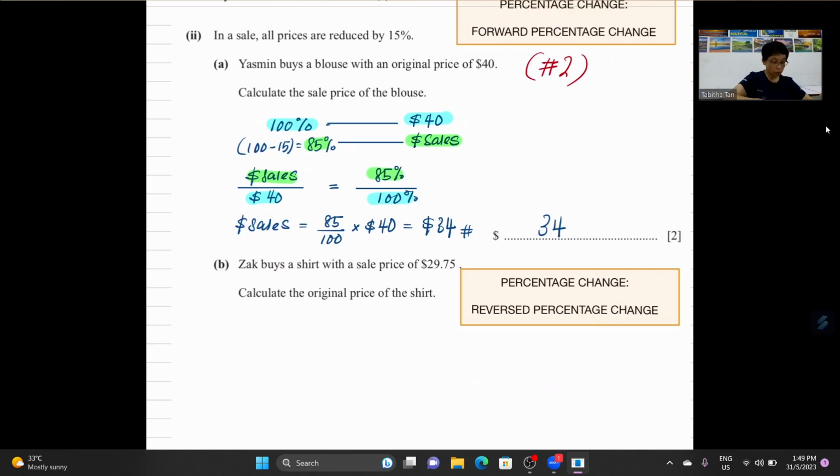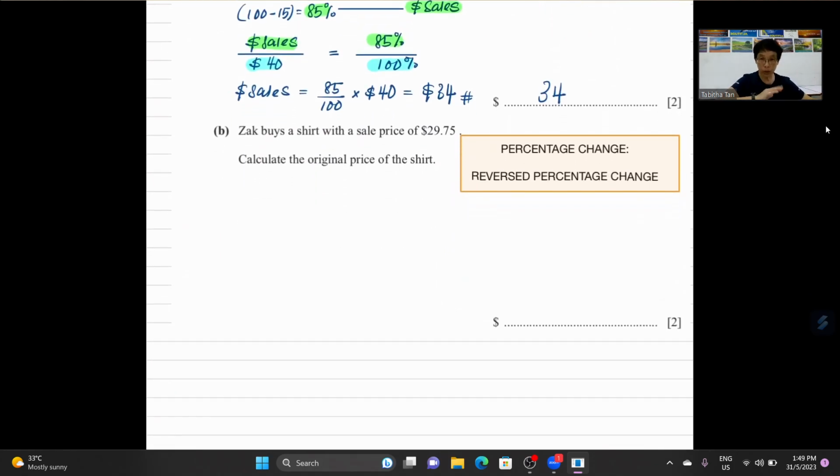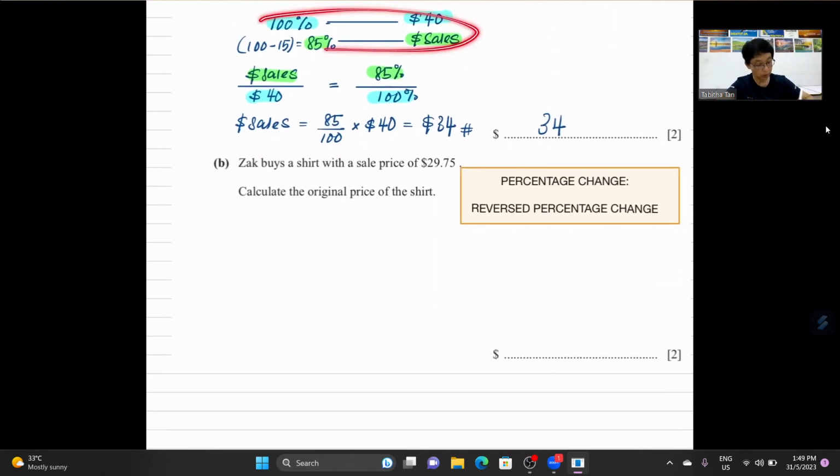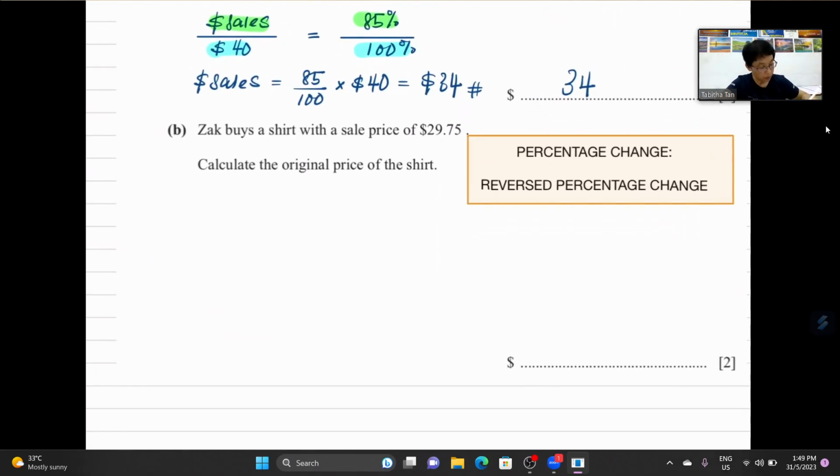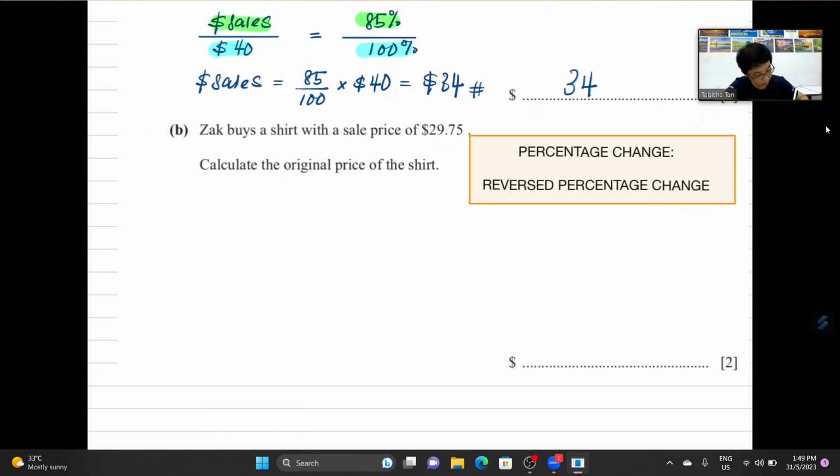So for the reverse percentage, you can also use direct proportion as long as you follow this. Now the price 29.75 is the value that is represented by the percentage change of 85%.